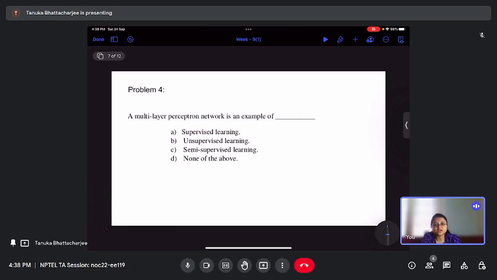So, this is basically supervised learning, because in a multi-layer perceptron network we have some training samples, and when we are going to train the network, we use the training samples to train it, and for these training samples we know what would be the desired output of this particular network. So, we know the target output, as it is called, and based on that output we try to compute some error and try to adjust the weights of the perceptron network.